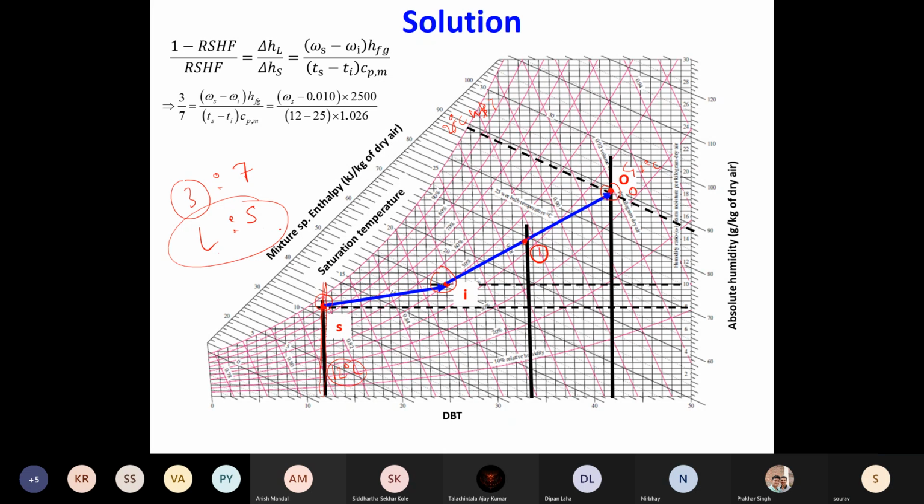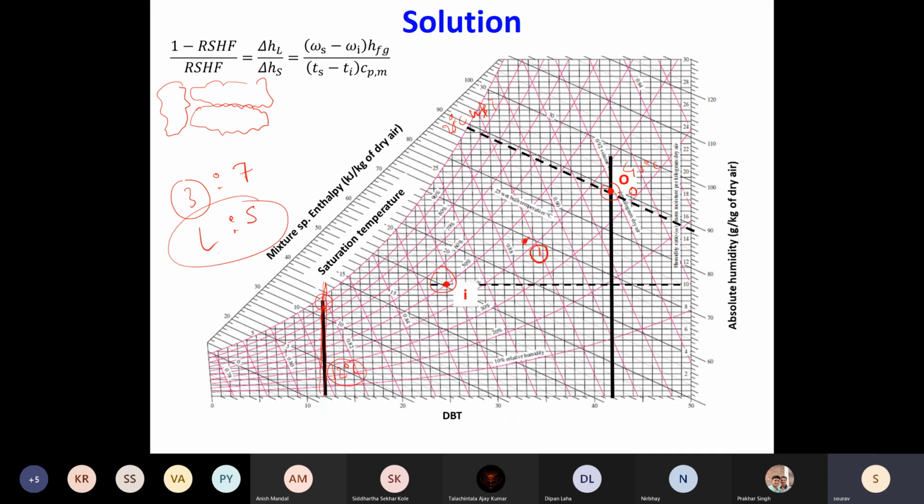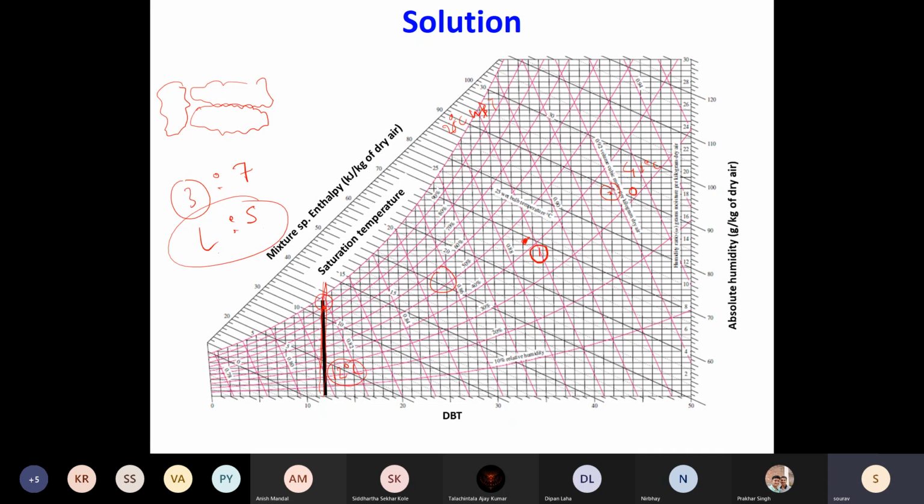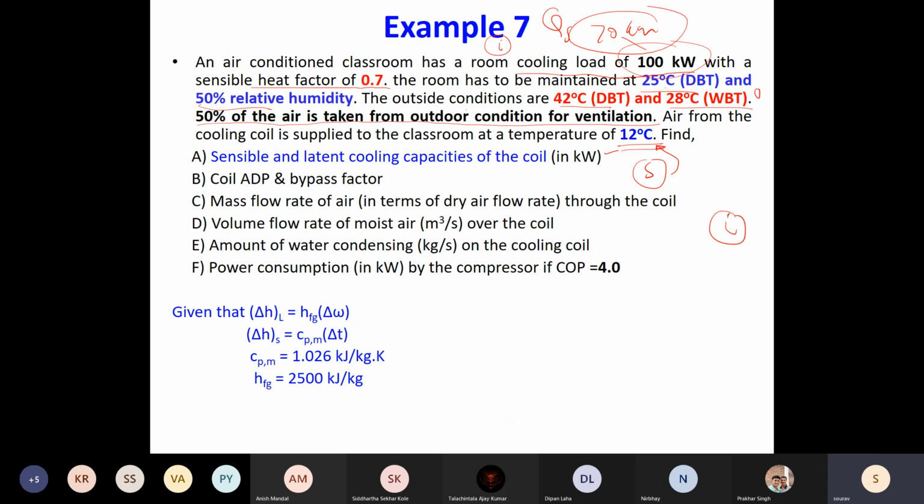Now this ratio will be equal to latent enthalpy change by sensible enthalpy change. Some information is provided at the bottom of the question regarding the latent enthalpy change and sensible enthalpy change in terms of HFG and CPM. CPM is CP of moist air, very close to 1 only.